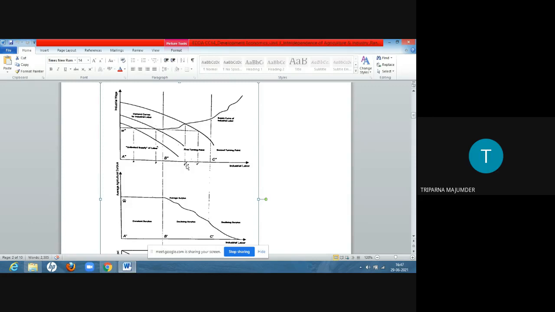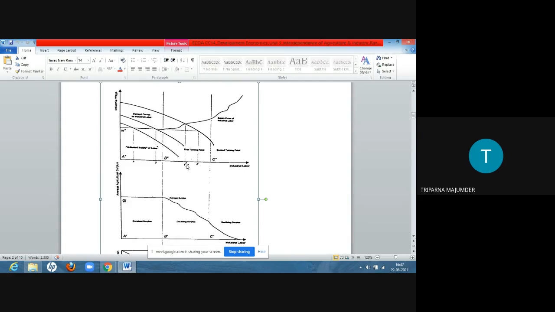Development proceeds via the joint transfer of labor and agricultural surplus from the traditional agricultural sector to the modern industrial sector. The ability to expand the industrial sector is determined in part by production conditions in agriculture.